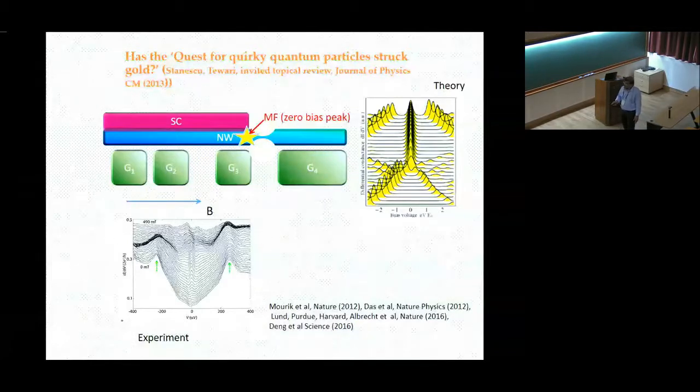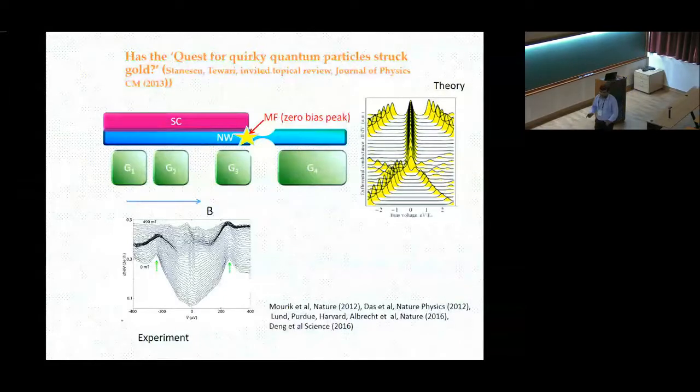This is the first experiment, the most famous one, by Mourik et al., that came up right after this scheme was proposed. As you can see, this is very similar, well, there are differences, but at least in one respect it's very similar: above a certain Zeeman field, again the cuts are at different Zeeman fields, they do see a zero bias peak coming up, which is robust to further increase in the magnetic field.